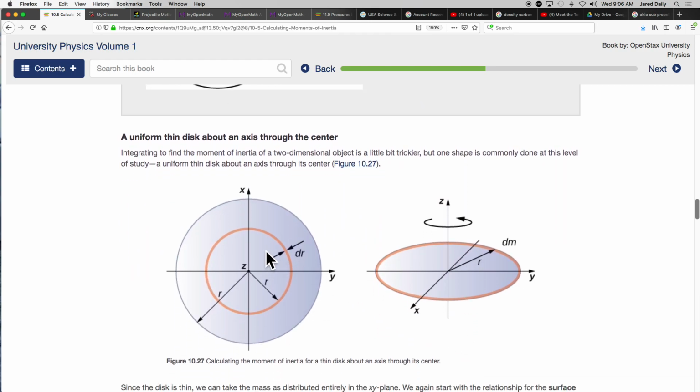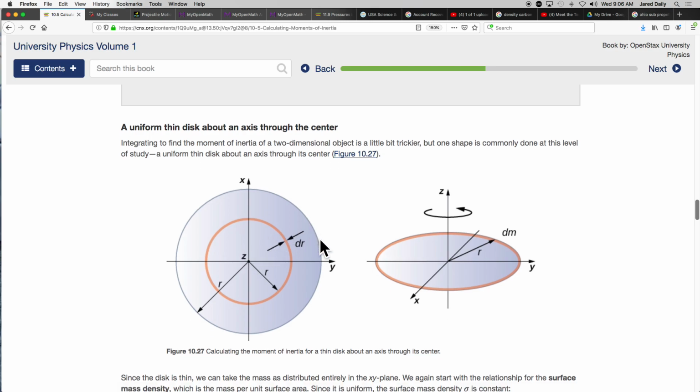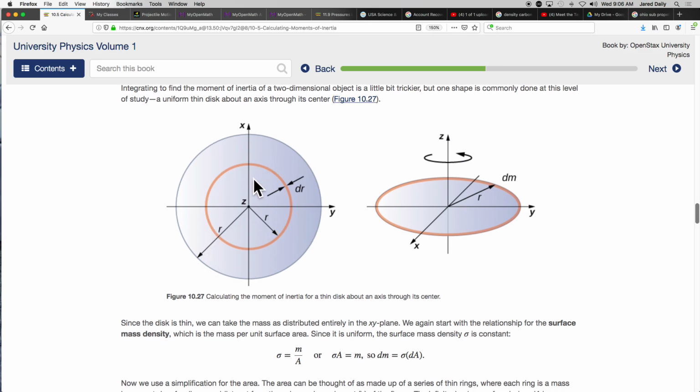When you do it for a disk, instead of picking a little piece of the rod linearly, you pick a little ring of the disk, and each ring going outward adds to this. So you have to integrate this one slightly differently, because instead of integrating a dx, a little piece of distance, you're integrating a little piece of r and an entire angle. So you're actually doing a two-dimensional integral here.